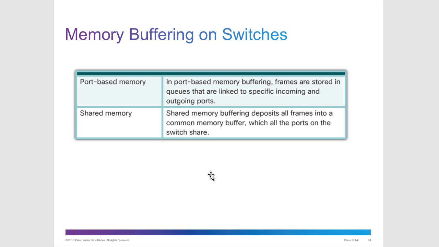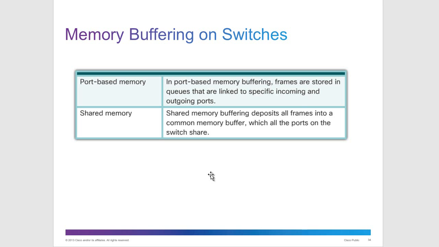You've also got shared memory, in which there's a common bank, and as different ports need to access that memory, they do. So if one port only has one MAC address associated with it, and another port has 10, or something to that effect, they'll be able to share that memory.